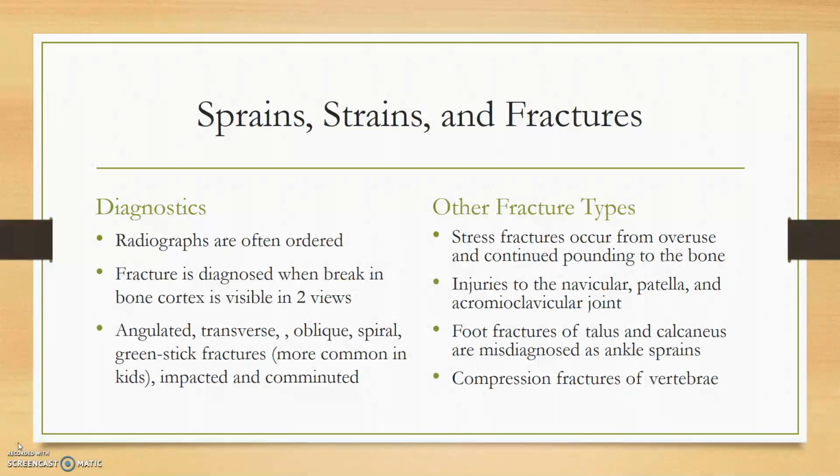The other thing that's really important to have knowledge of is the other types of fractures you might see, such as stress fractures. You will see those commonly, and they occur from overuse and continued pounding to the bone. You'll often see those in athletes or very athletic adults or young adults, and those don't always show up on that initial x-ray.